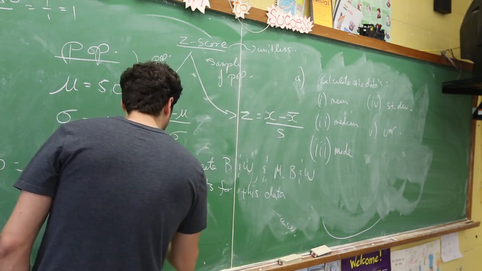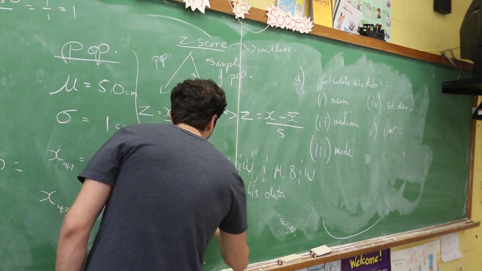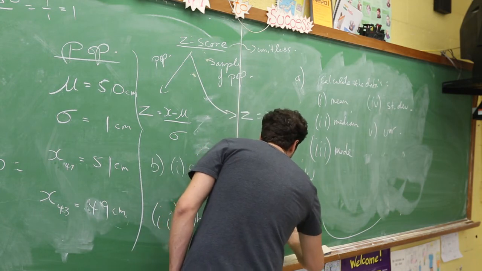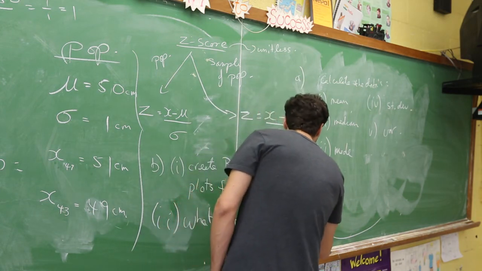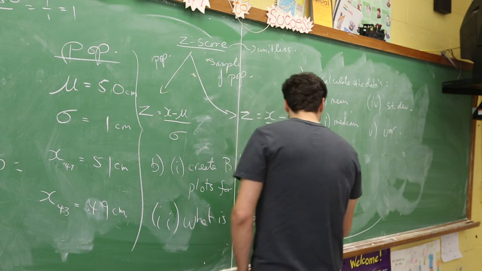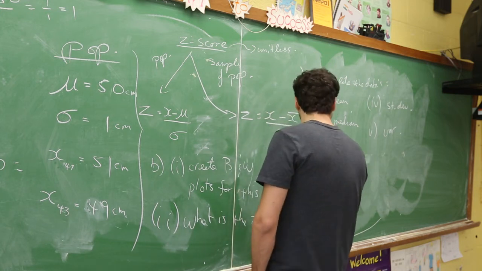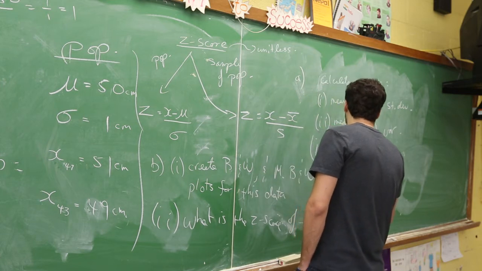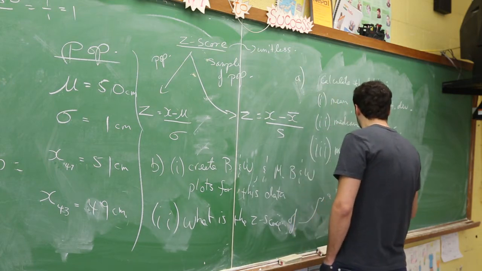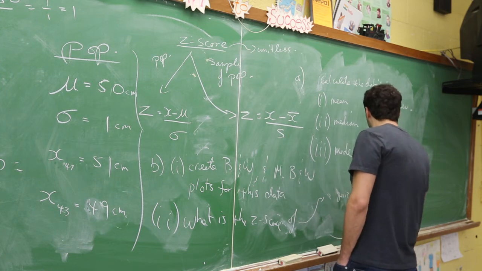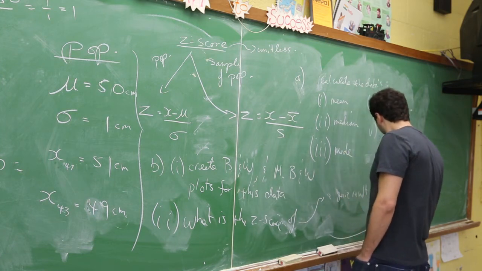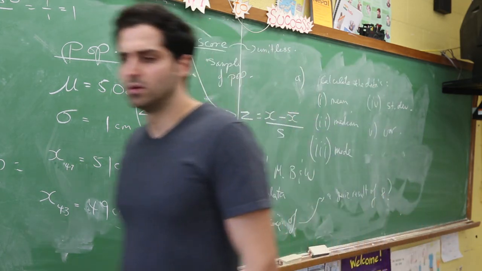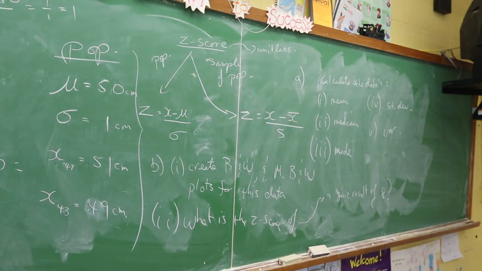And 2, what is the z-score of a quiz result of 8? Is that clear?